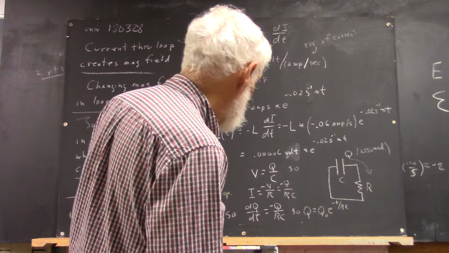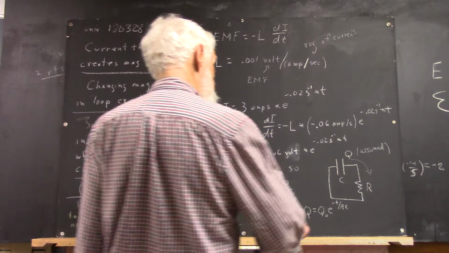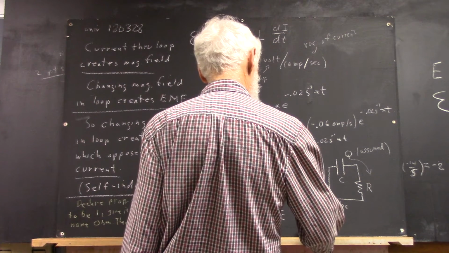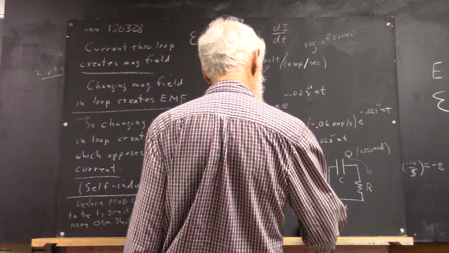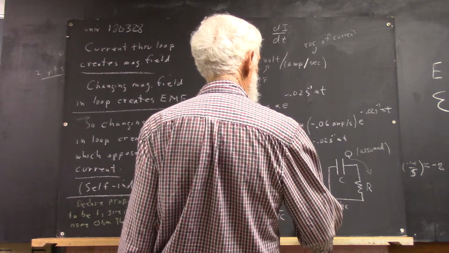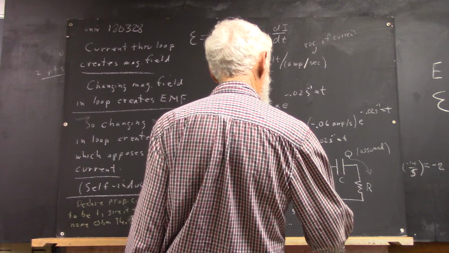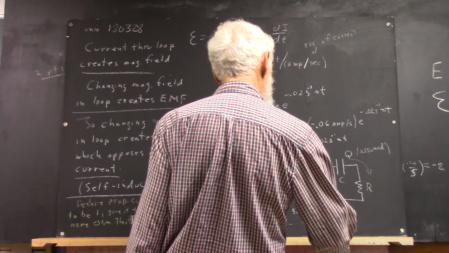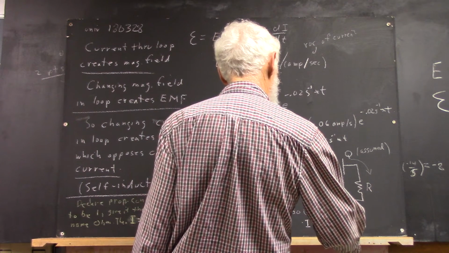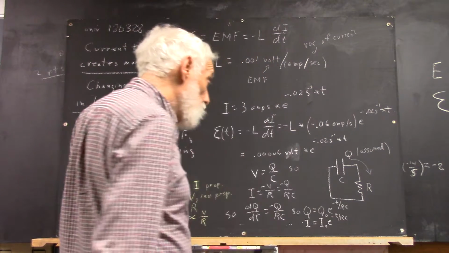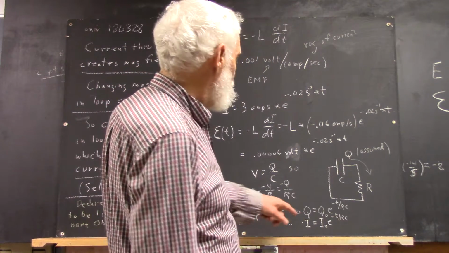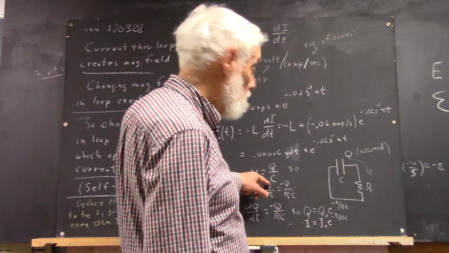And then, of course, your current equals I naught e to the negative t over RC. And this is because your voltage is what? Q over C, right?